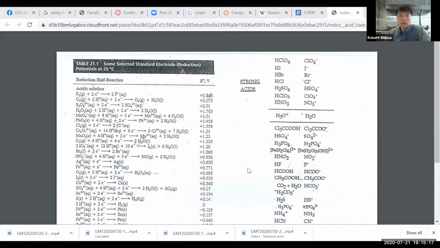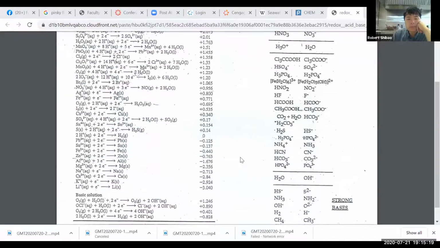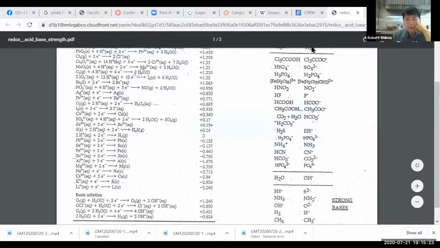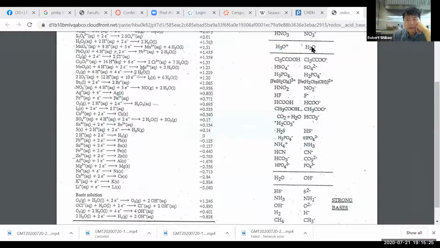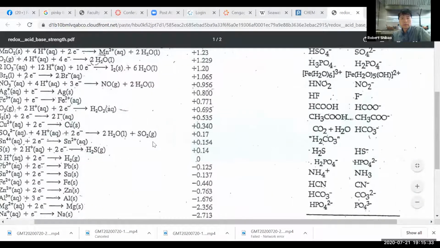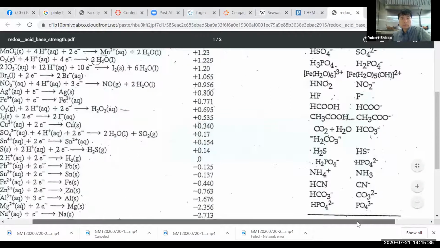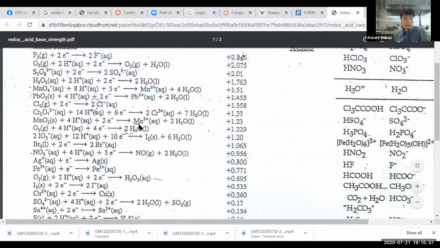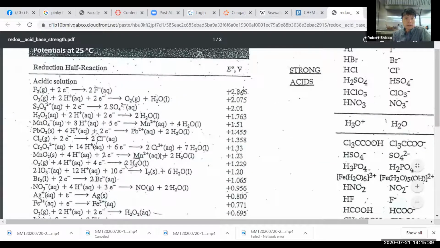Okay, let's take a look at a chart here, and we're looking at water versus chloride. I need to zoom in here. So I see chloride right here.